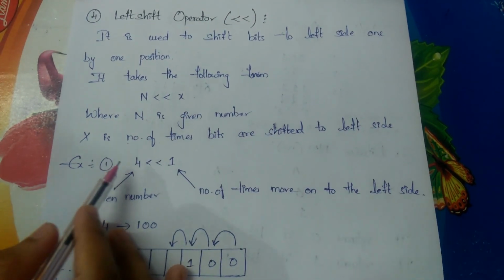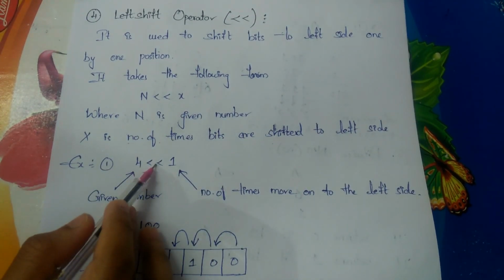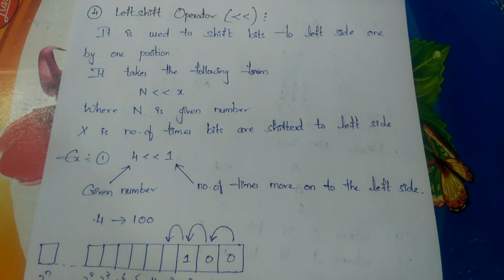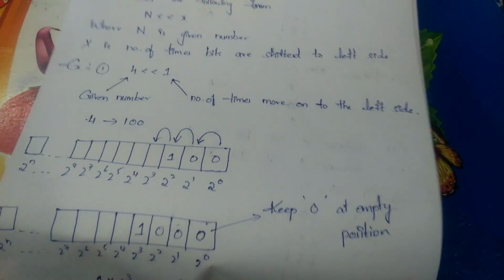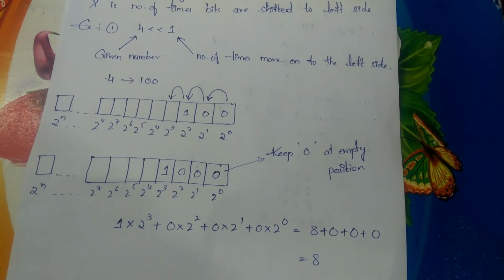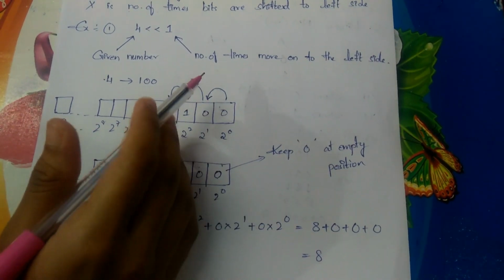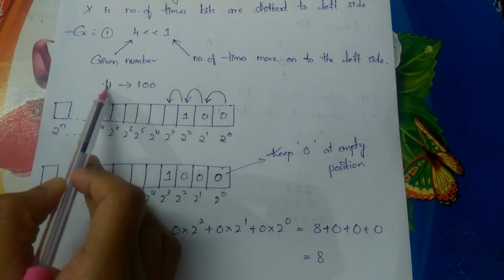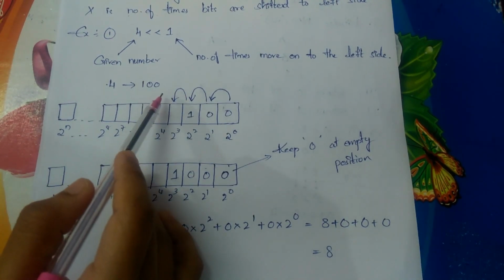Let's see an example. Example 1: 4 left shift 1. So 4 is the given number and 1 is the number of times to move to the left side, so only one time we have to move. For 4, the binary number is 100.